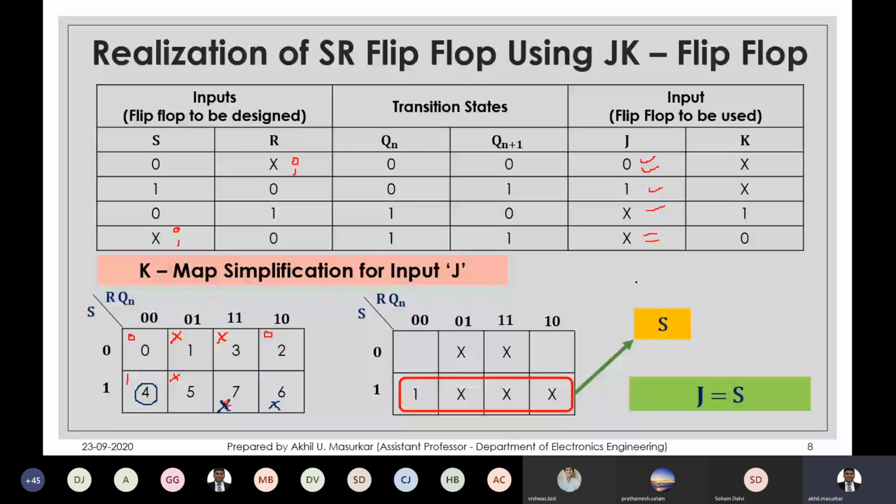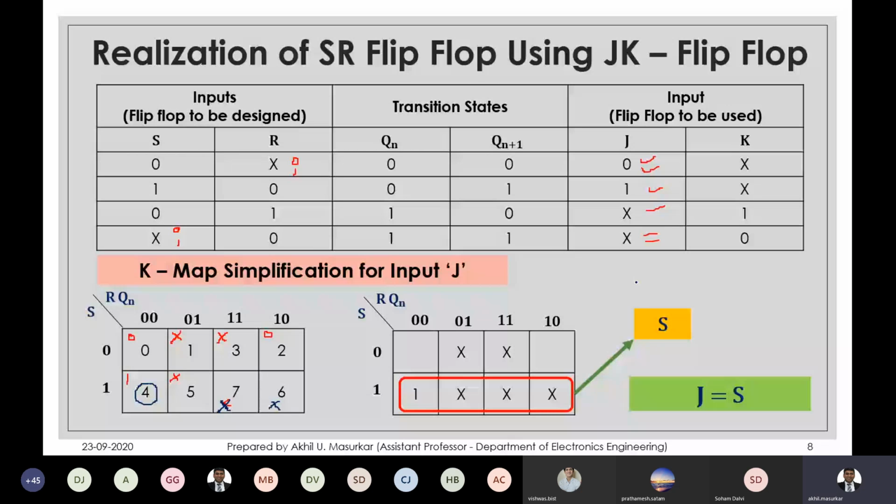The reason is that J is equal to S, and when we do the simplification for K, you will see that K is equal to R. So basically the JK flip-flop behaves like an SR flip-flop, and you need not add any hardware to implement the SR using JK. But we need to prove that mathematically using the K-map, so that's what we are doing.